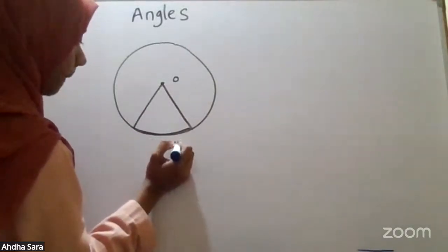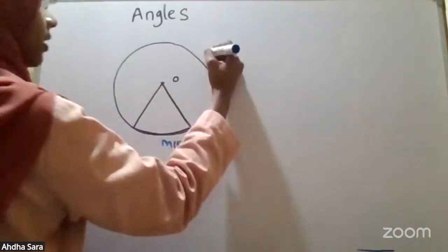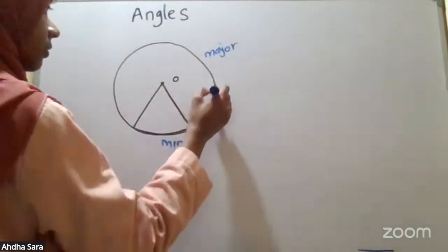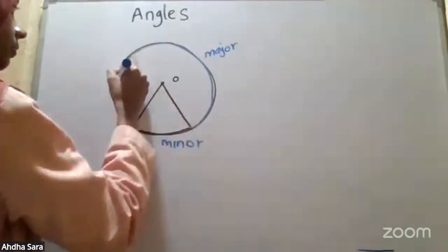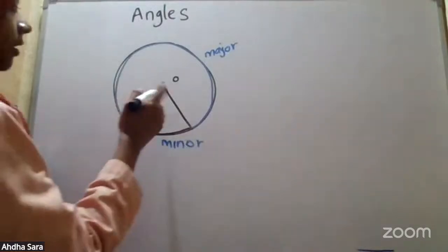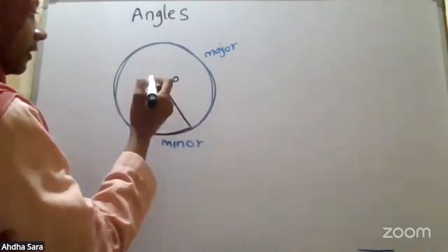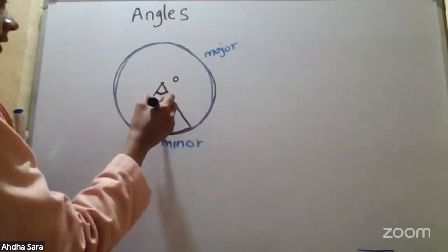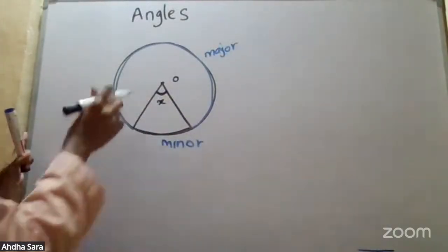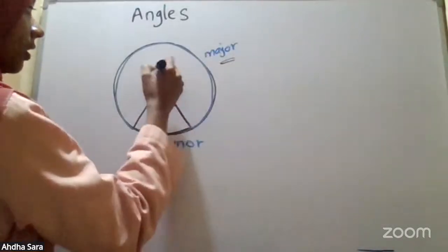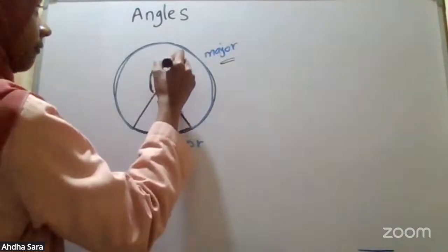You say this is the minor arc and you say this as the major arc. So the angle subtended by the minor arc is x. And remember, the angle subtended by the major arc will be a reflex angle.